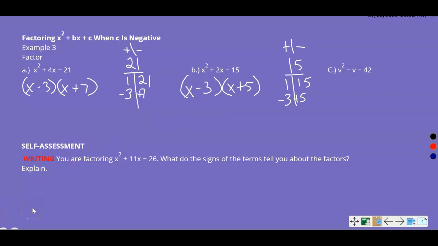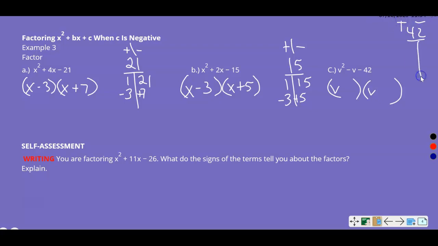All right, example C, v squared minus v minus 42. This time I have two negative signs, all right? So, same concept, v times v is v squared. What multiplies to give us 42? And actually, we're looking for a negative 42. So we know we're going to have a plus and a minus sign.